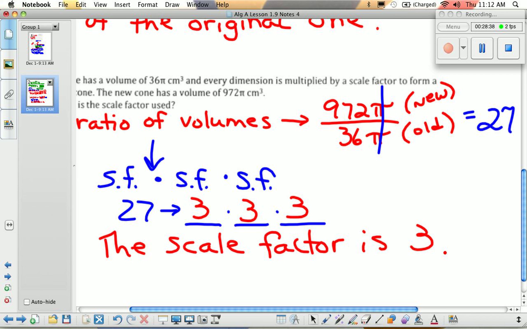Not 27. The dimensions were then what? What did they do to the dimensions? They multiplied by 3. They tripled the dimensions, and the cone, excuse me, got how many times bigger? 27 times bigger. 3 was the scale factor. It got 27 times bigger.